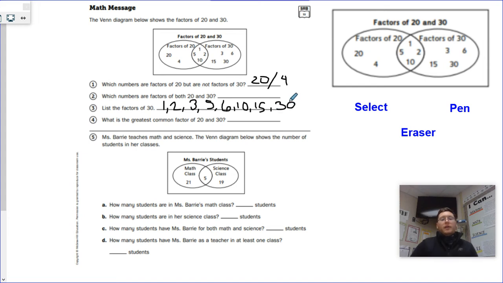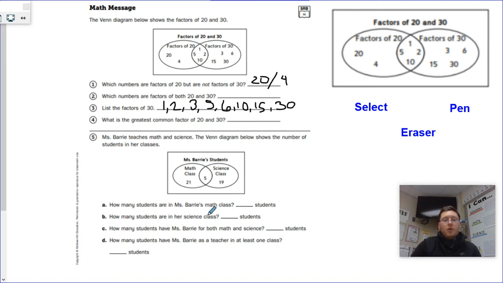Okay, so those are all the factors of 30 because these, like I said, share. So 1, 2, 3, 5, 6, 10, 15, and 30. All right, so I've done that one.